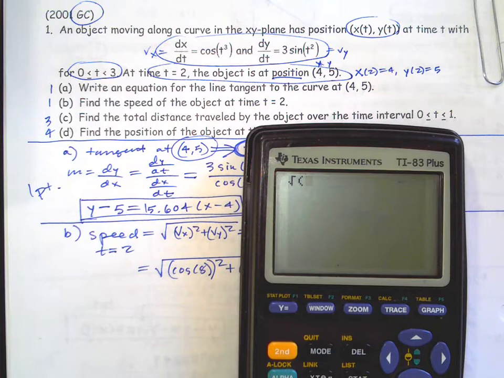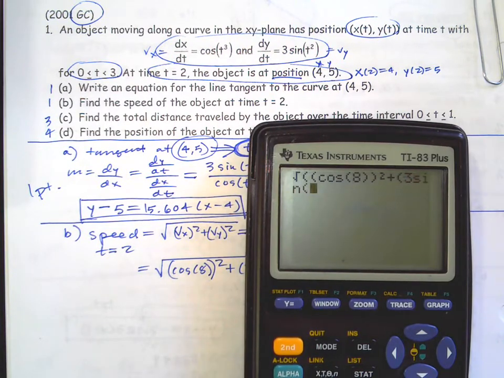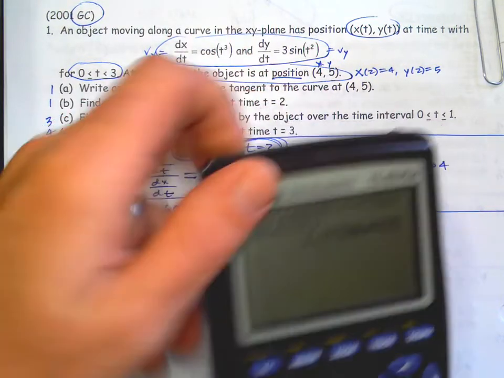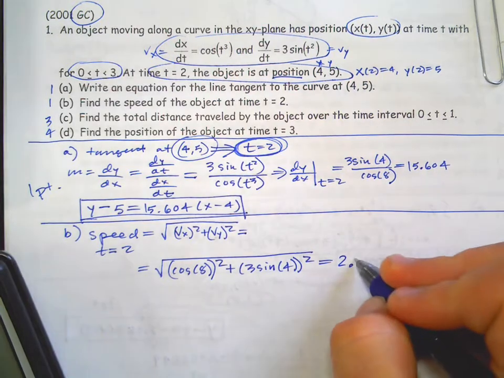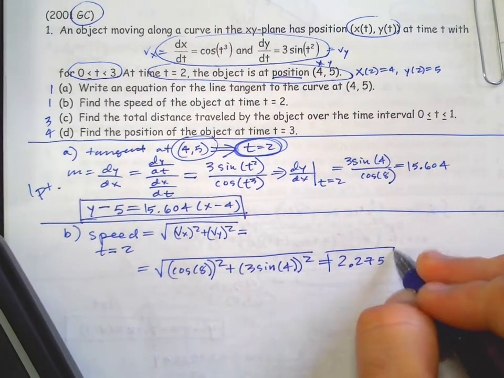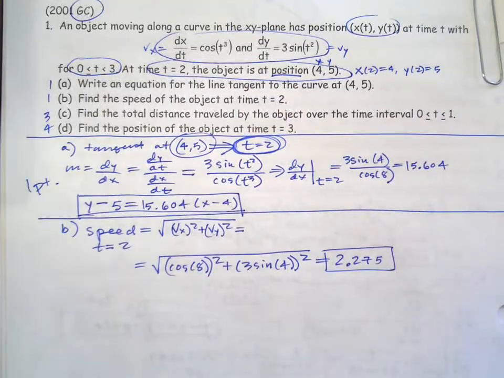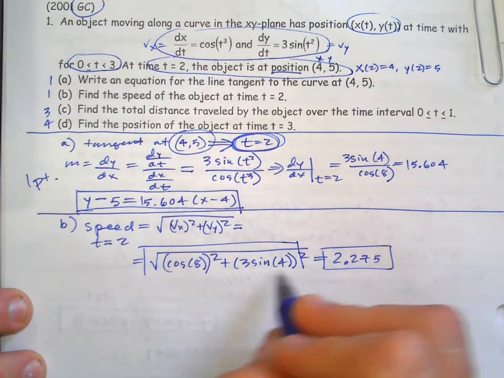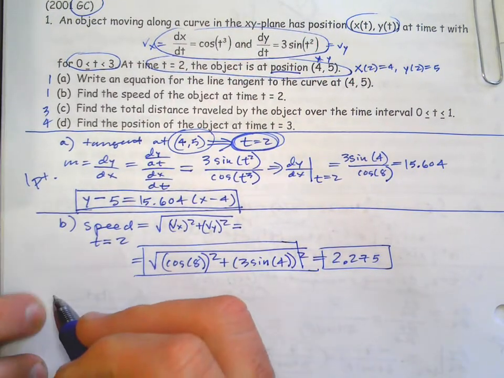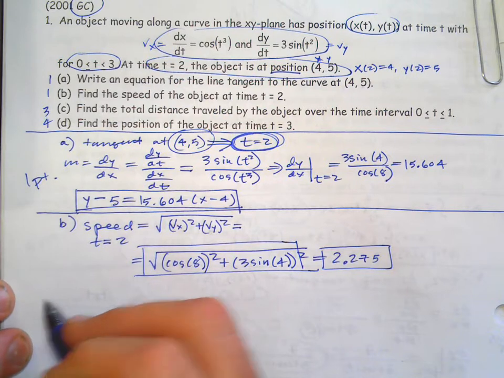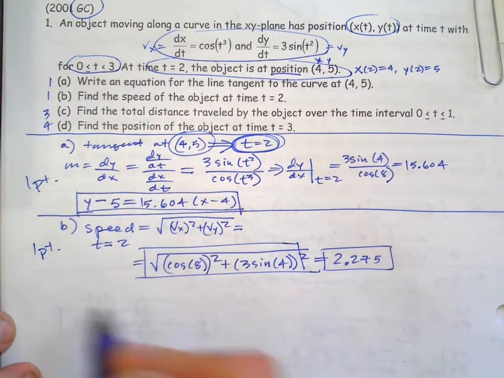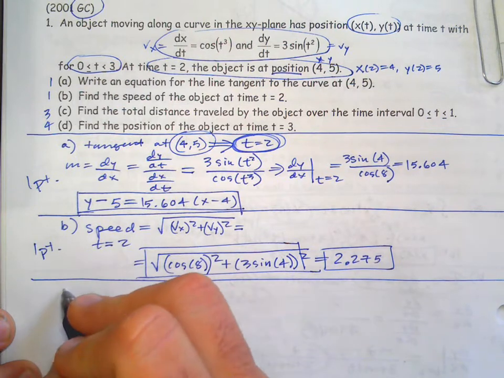Square root of parentheses cosine 8 close, squared, plus parentheses 3 sine 4 close, squared, close: 2.275. Or you could write the answer like this. You don't have to give decimals on calculator problems. It was only worth 1 point, which makes sense. Speed's usually going to be like 1 point.